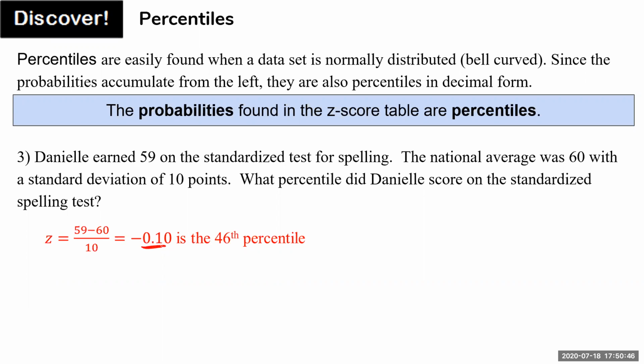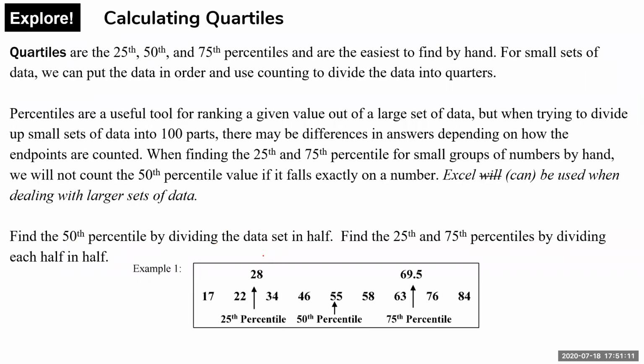If you see that on the table, that should give you the value you have there, and that value is referred to as the 46th percentile. Sounds good? Okay, so that is basically how you deal with percentiles.